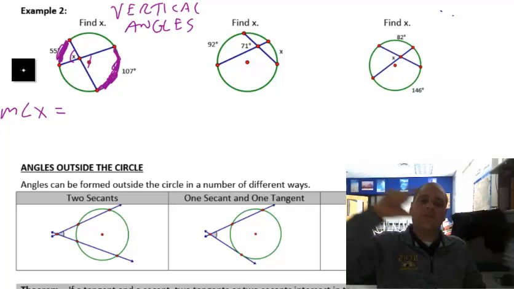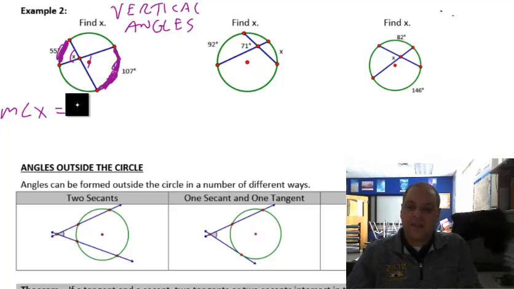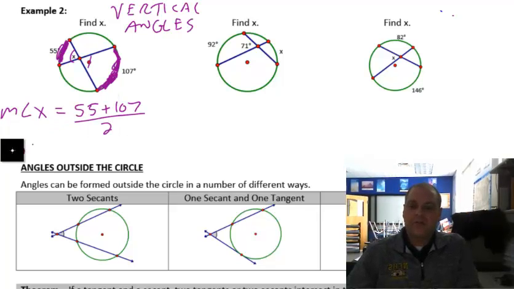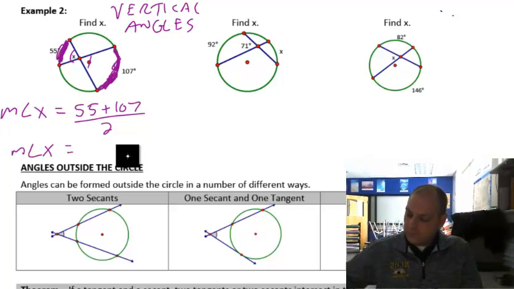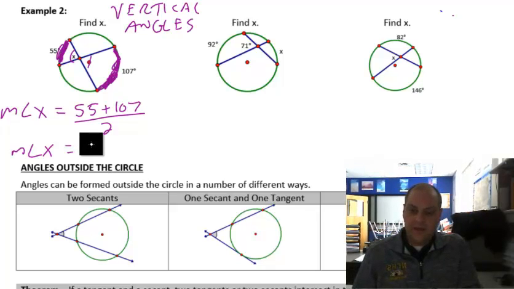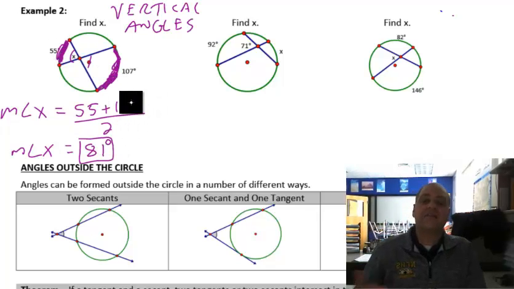The intercepted arcs for those angles, you add them together, 55 plus 107, and then you divide by 2. It's that simple. So the measure of angle X is going to be, I already did this, save you time, 81. It's 162, and then divide by 2. So 81 degrees. So the measure of angle X is 81 degrees.